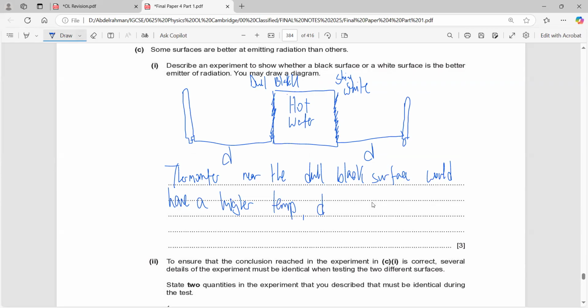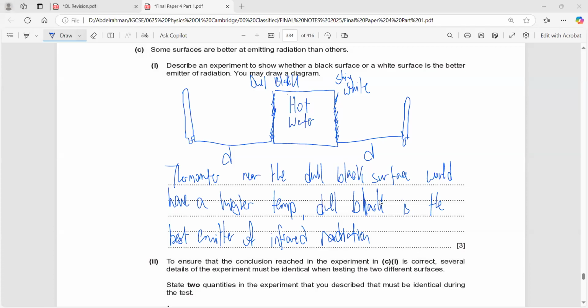Because dull black surfaces are the best emitting surfaces. Dull black here is the best emitter of infrared radiation. You can say that we have equal distances on each side, صح.